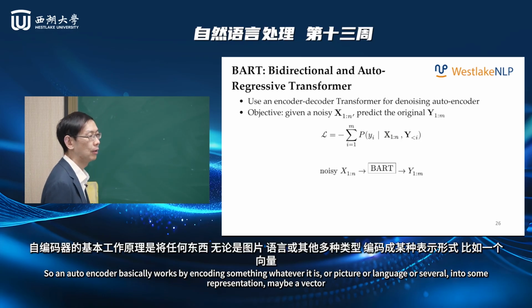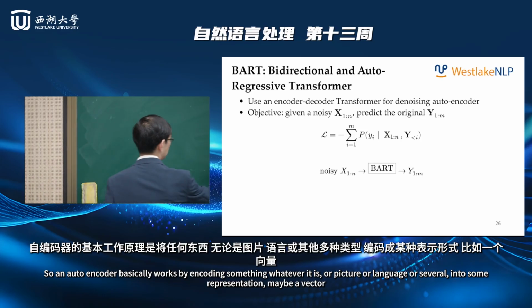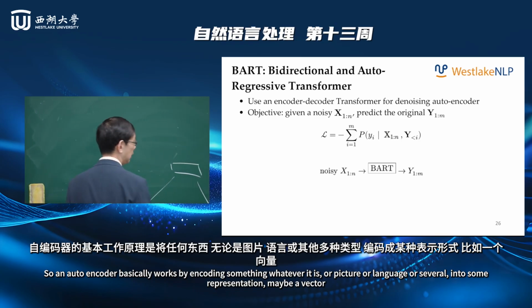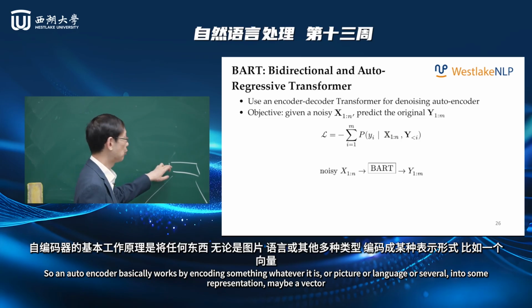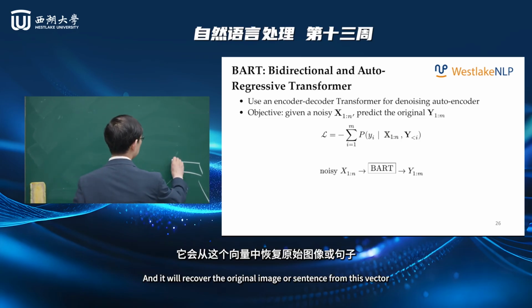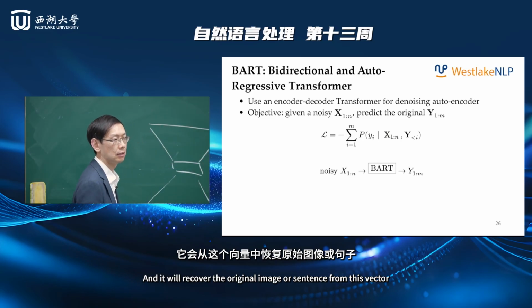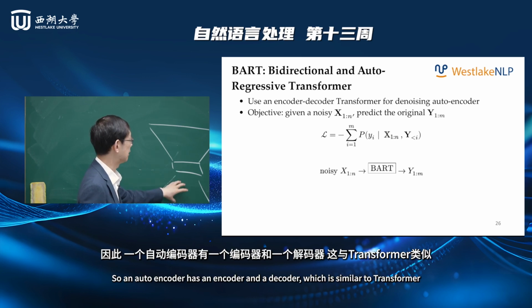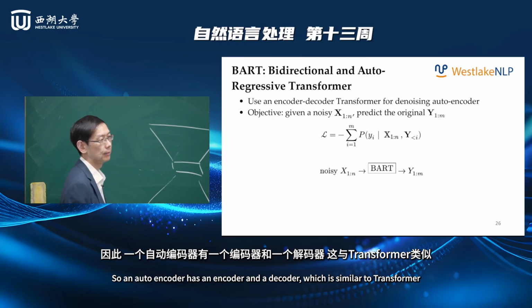So an autoencoder basically works by encoding something, whatever it is, or a picture, or a language, into some representation, maybe a vector, okay? And it will recover the original image or sentence from this vector. So an autoencoder has an encoder and a decoder, which is similar to a transformer.